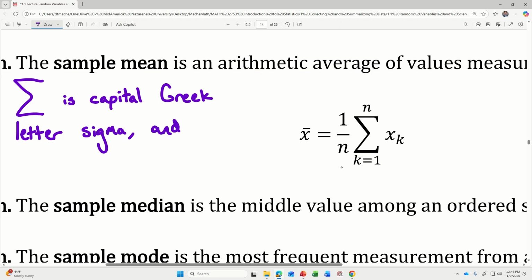And it means add them up. This overbar is the notation for sample mean.